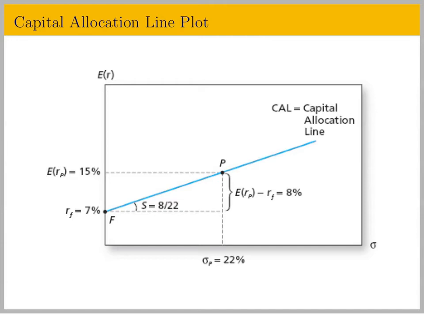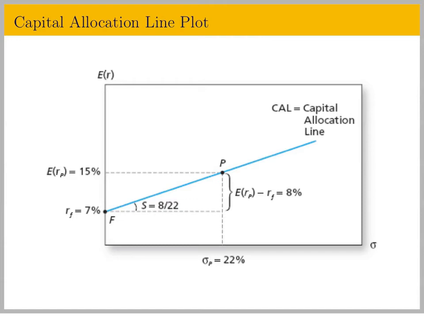The picture looks something like this. Here's the risk-free rate, which is the intercept. Here's some portfolio P. The slope is the Sharpe ratio. For every sigma sub P there's a rise equivalent to the risk premium. So in this numerical example, for 22% horizontal movement, there's an 8% rise, which is 8 over 22, exactly the Sharpe ratio.